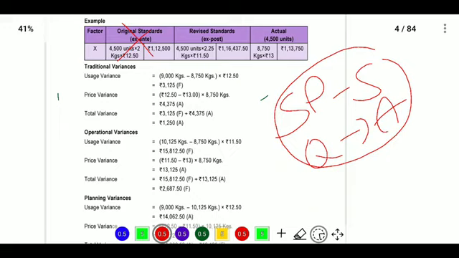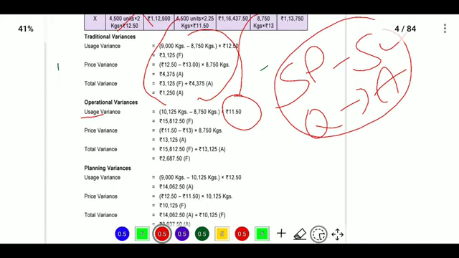So 4500 into 2.25, that is 10,125 kgs and 8000 kgs. So usage means quantity difference into price. Which price will we take? Standard price, that is 11.5. So we will get the favorable variance.